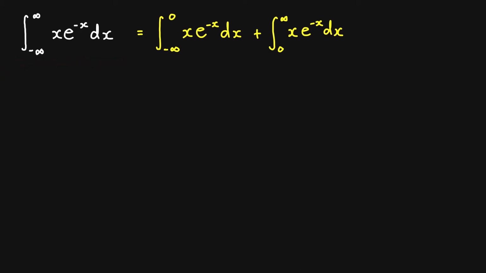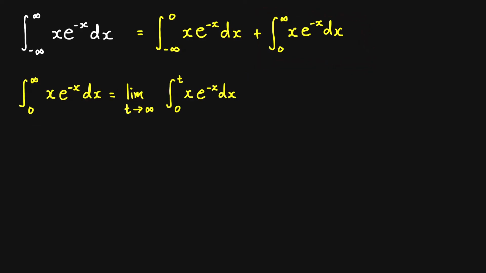Now, let's try to evaluate the second improper integral first. So here we can write that second improper integral in limit form this way. Again, you have your upper limit which is equal to t, and t approaches infinity. And this form of integral looks familiar.